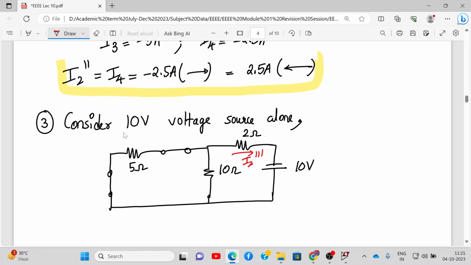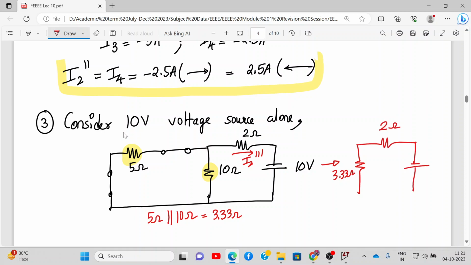Alright. Now, if you see carefully, no need to apply KVL over here. 5 ohm and 10 ohm are in parallel with each other. There is no way the 2 ohm resistance is involved. So we can write 5 ohm parallel to 10 ohm, which will give you 3.33 ohm. So if I draw the circuit again, I have 3.33 ohm, then in series 2 ohm, and then a voltage source of 10 volt, and we need to find the current over here, I2 triple dash.